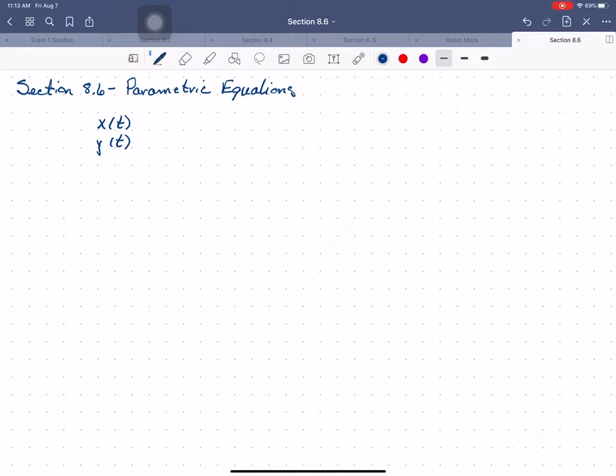So let's talk about an object that is moving at constant speed.